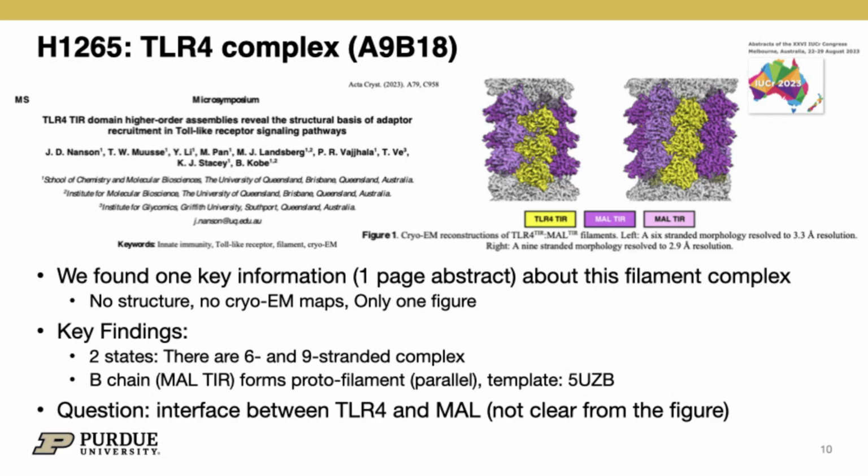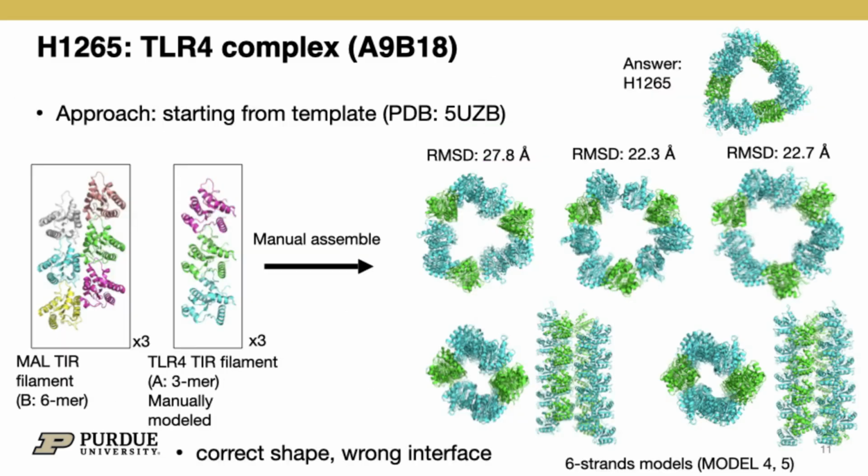So then we thought, okay, we can try to do manual modeling. This abstract says this filament has three states, six-stranded and nine-stranded complexes, and we had this template. For this chain B 6-mer and the 3-mer chain A, it has very high sequence identity to this part.